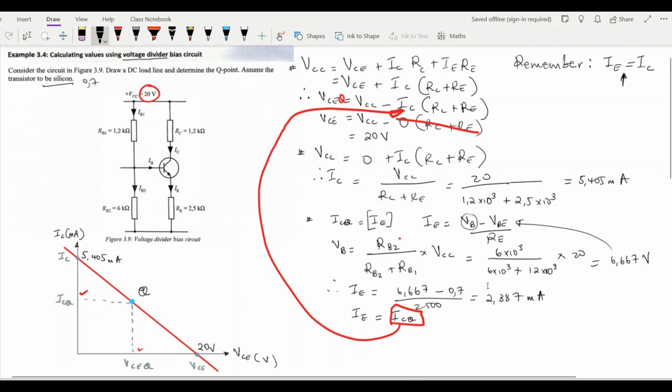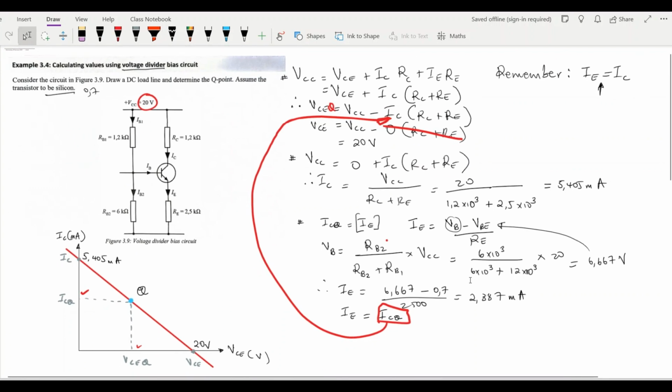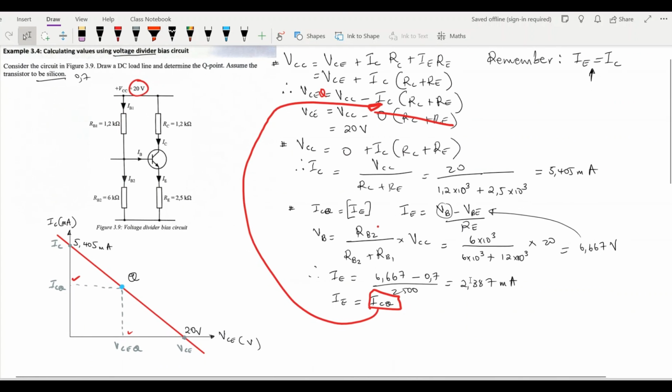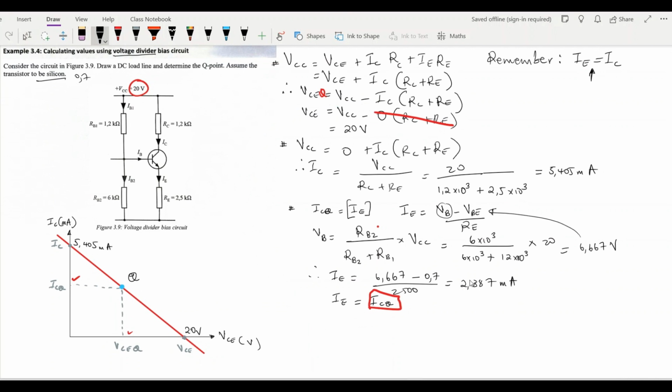Let's just create a small space there. So the fourth step here, we will then say VCE, but instead of just leaving it like that, I'm going to put a Q. This indicates to me that now I need to put a Q even on the IC.